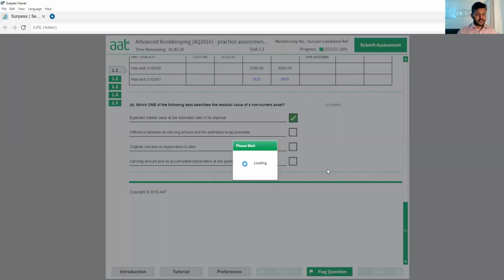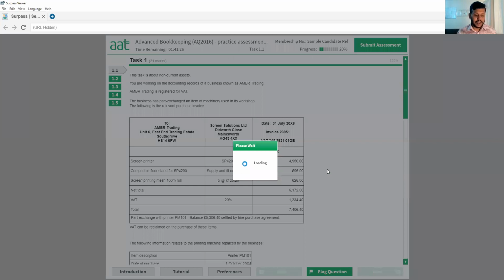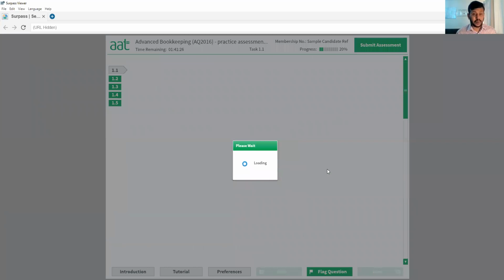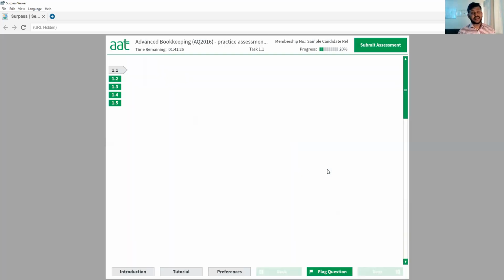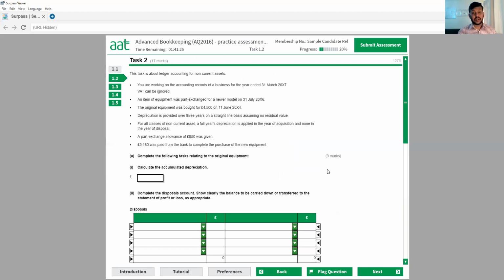The question number 2 that we're going to see now will be from your disposal. And this question will definitely be in the exam. Make sure you calculate the depreciation and do some journals. Disposal journal is very common in the exam. You need to make sure you write down the note for the disposal. For example, when you remove the non-current asset, what is the journal for that?